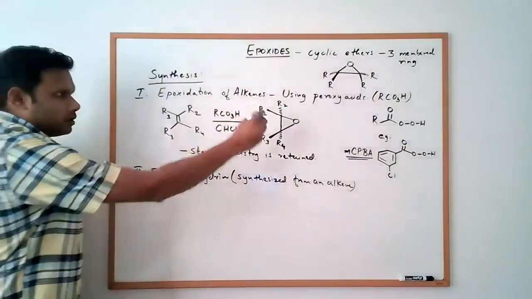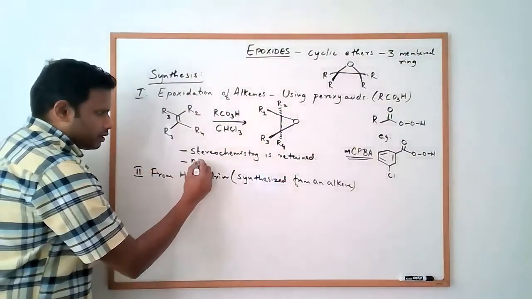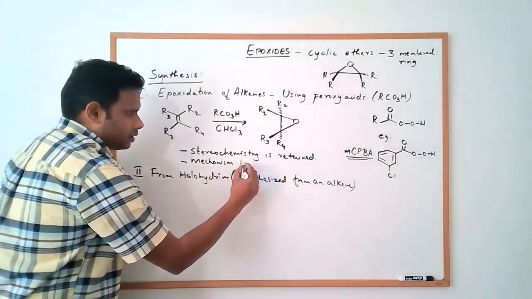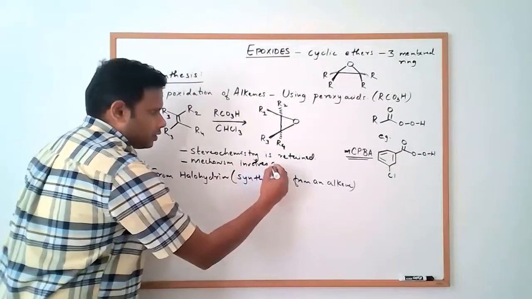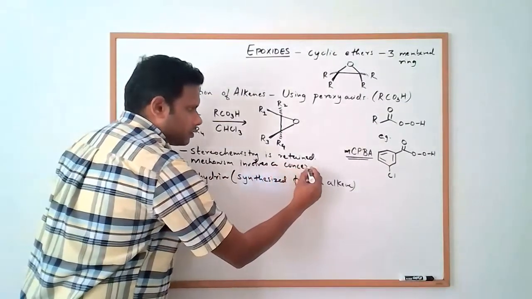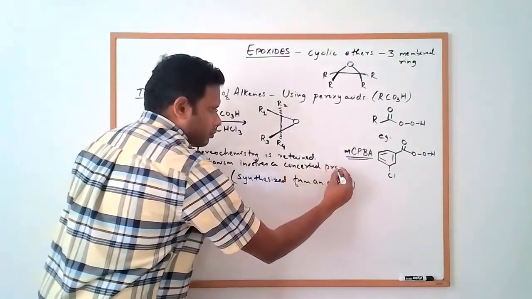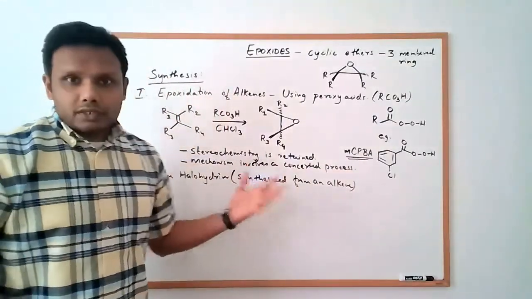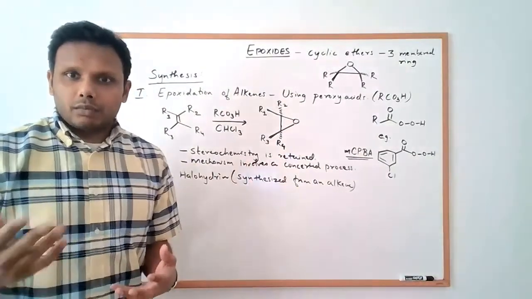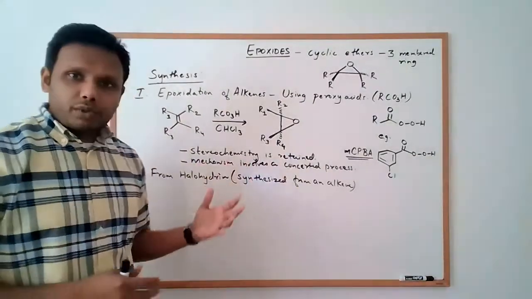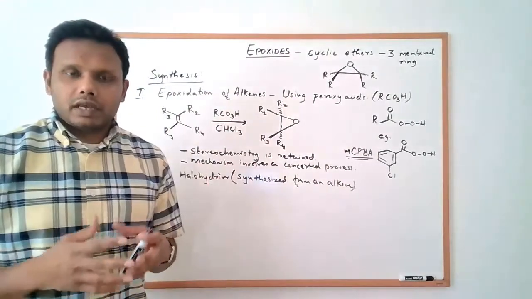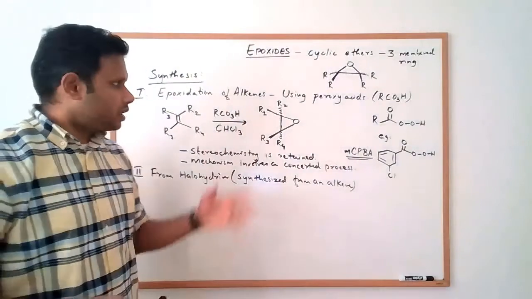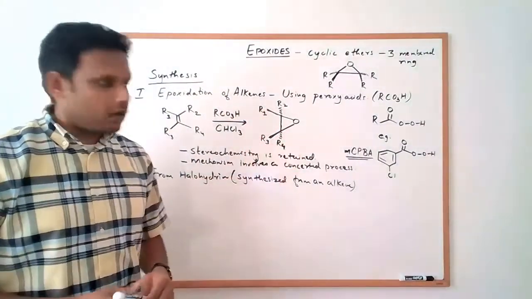This is because the mechanism involves a concerted process. If you're interested in learning more about this reaction, please refer to a previous video in the alkene content folder that deals with the mechanism of the reaction and why we get this stereochemical outcome.